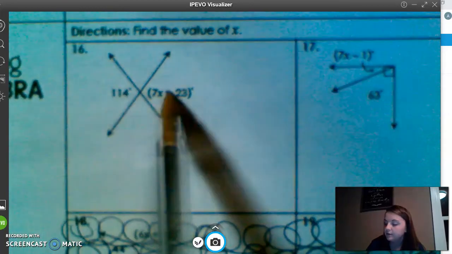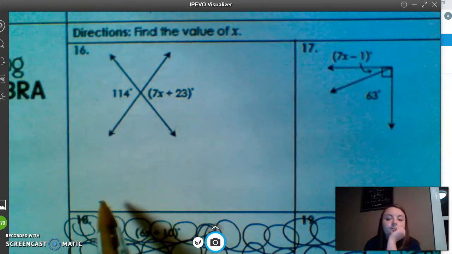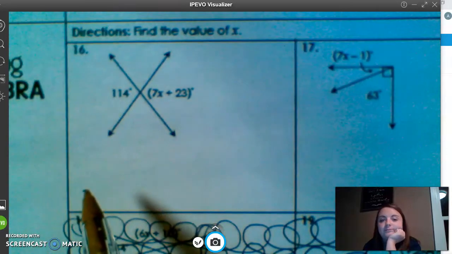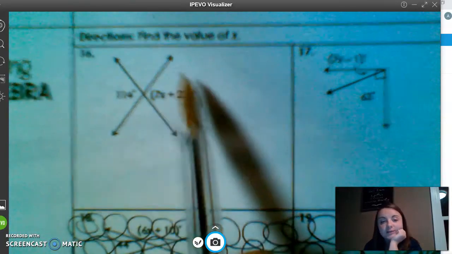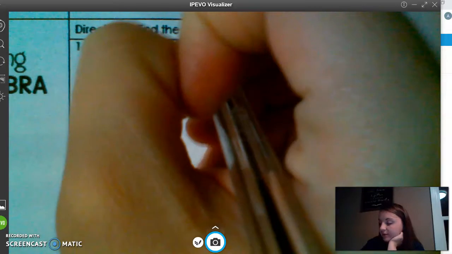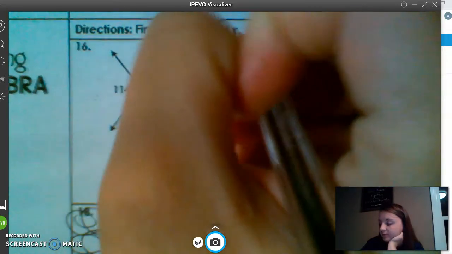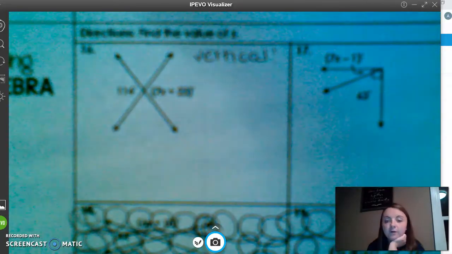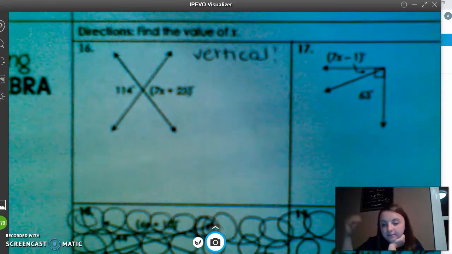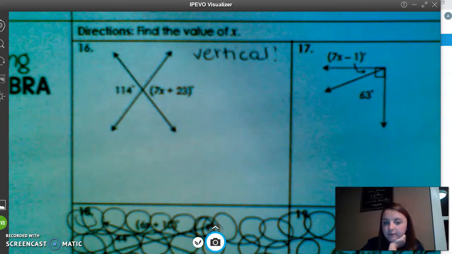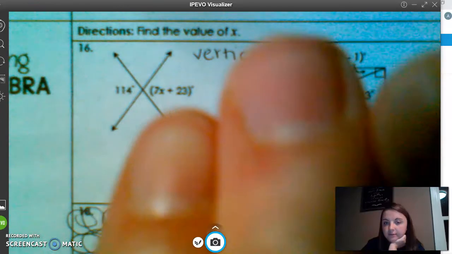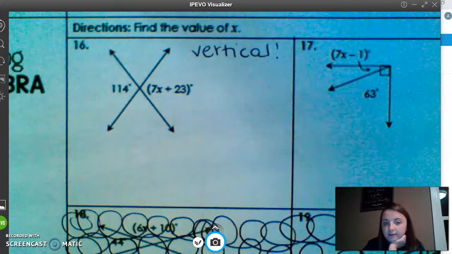What type of angles are these? They are vertical because they're directly across. I'm going to write that down, vertical. And vertical angles are always equal. They're always congruent.